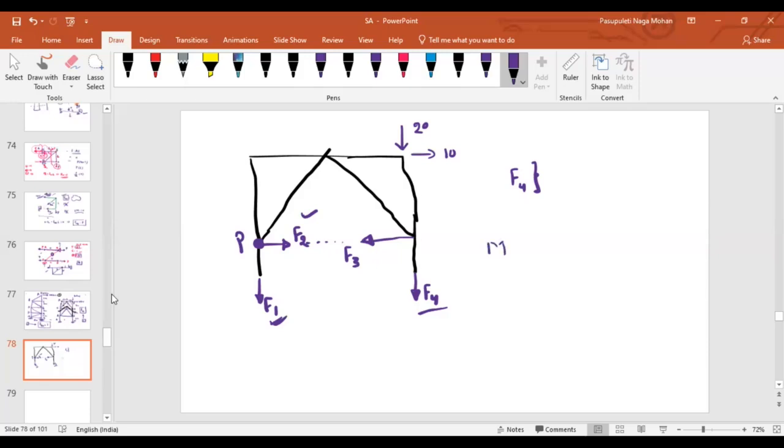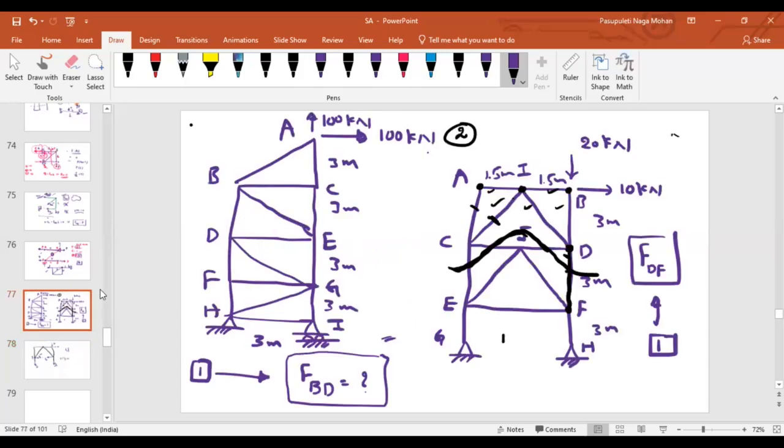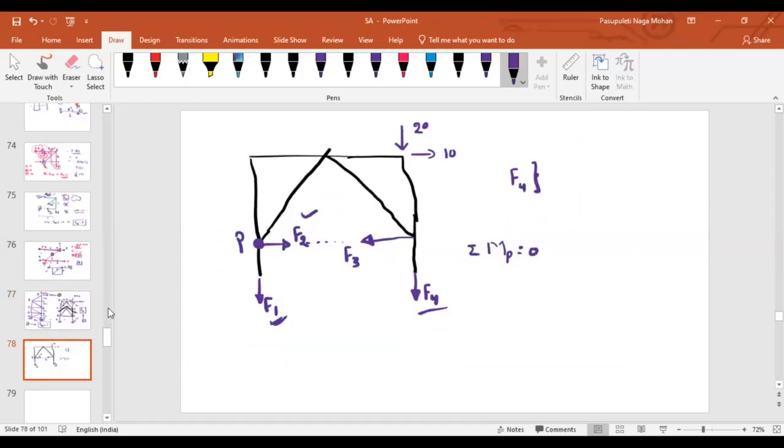So if I take summation of moment at point P equal to 0. As we discussed, the length is 3 meter, and here it is 1.5 meter and 1.5 meter. If we take moment at this point, let us say anti-clockwise moments are positive. Because of F4, clockwise, F4 into 3.